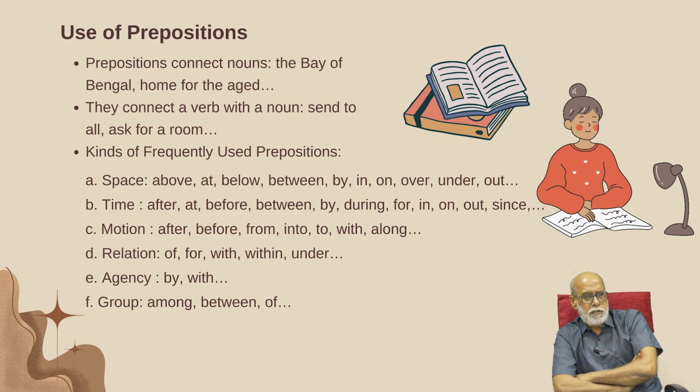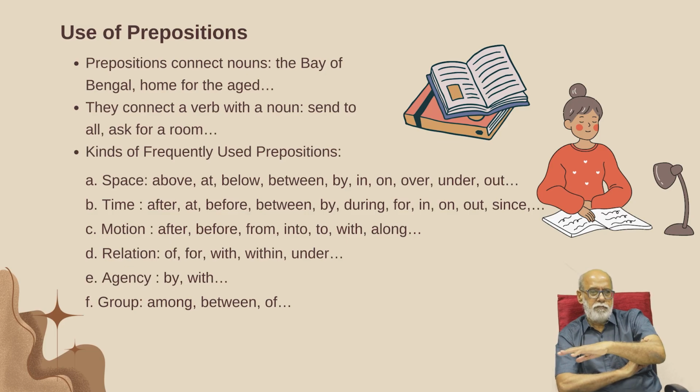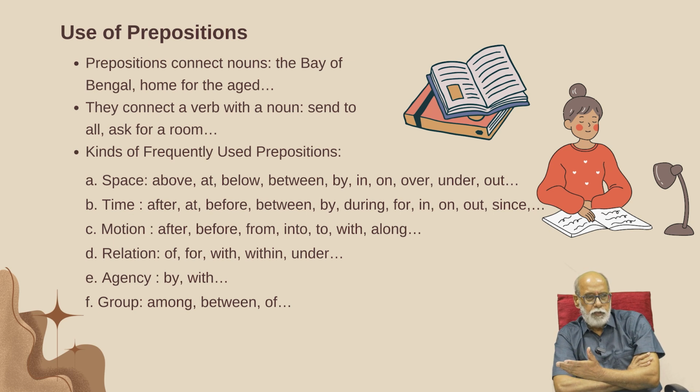Some prepositions are used to give the meaning of space. Space as against time, above something, at something. At, where do you live? I live at my village. Where do you live? I live in a city. Where are the clouds? The clouds are in the sky, above the earth. Before. Where do you live?